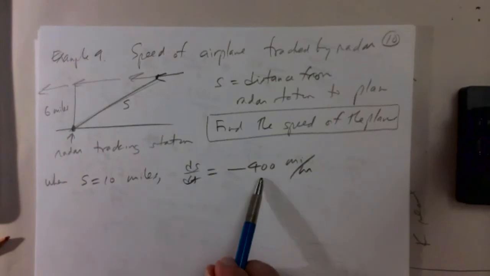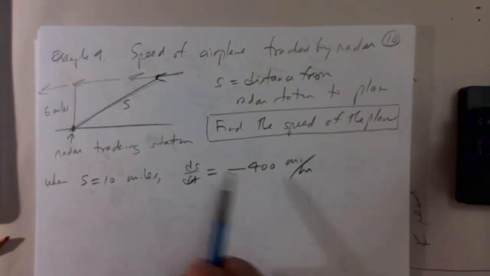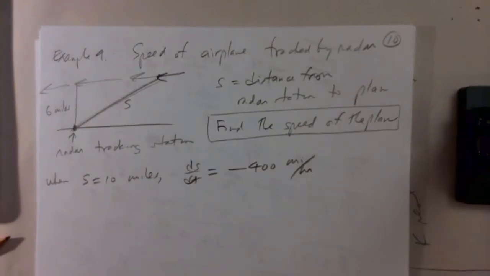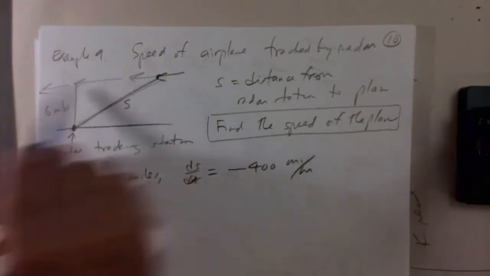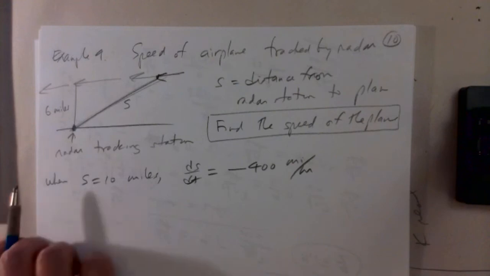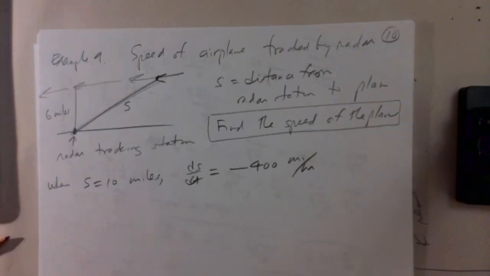Right? The plane's not flying at 400 miles an hour. This distance is decreasing at a rate of 400 miles an hour. The plane is flying at some constant speed. So we have to figure out how to solve this problem.